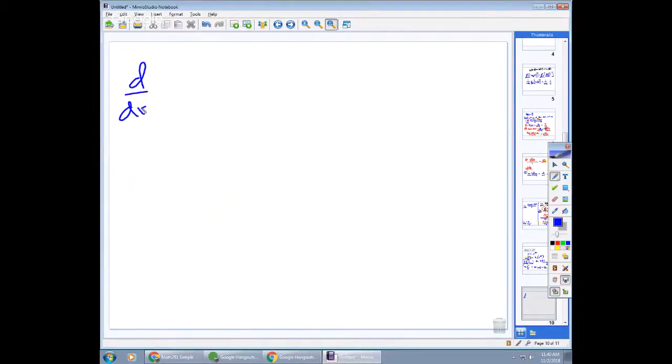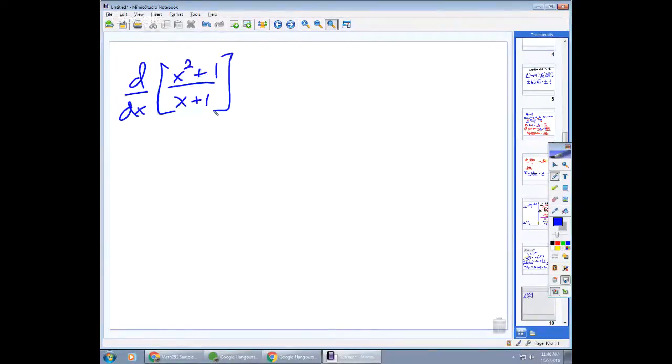Derivative with respect to x of x squared plus 1 over x plus 1. So anyone that tried to cancel stuff ahead of time here, nothing here cancels. x squared plus 1 is not factorable with real numbers. If it was x squared minus 1, that'd be a different story. But it's not. So I have to use the quotient rule on this one.